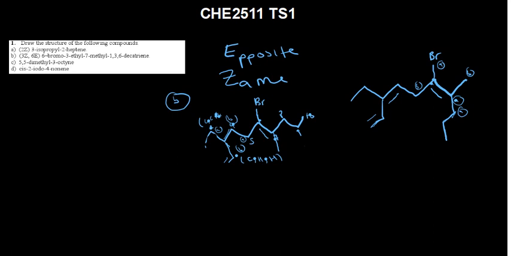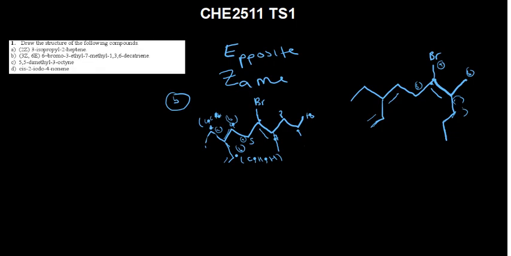Meaning bromine is with a methyl, and then this whole 1, 2, 3 propyl group is on the opposite side of the double bond. So this is the highest priority here, and this is the highest priority here on the opposite side, which is E. And when you do this, then you would have drawn your structure.